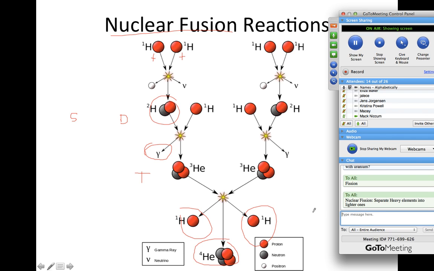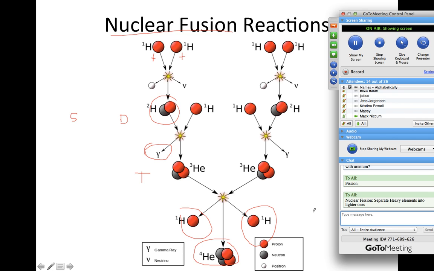Uranium is a very heavy element, and in order to make this fission possible, they need to enrich the uranium. Then when that heavy uranium is bombarded with energy, it divides and separates into plutonium, which is lighter.